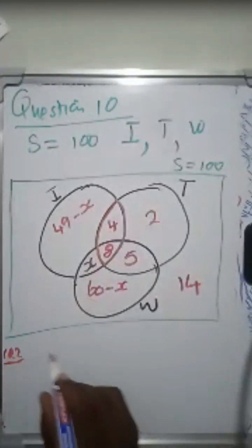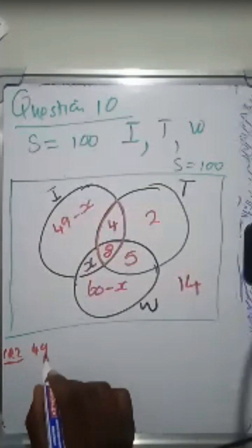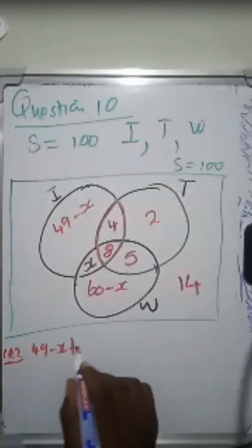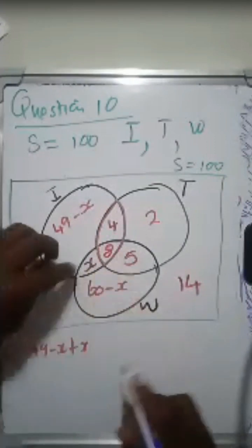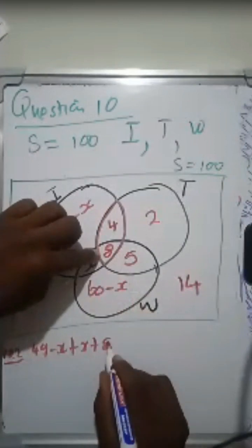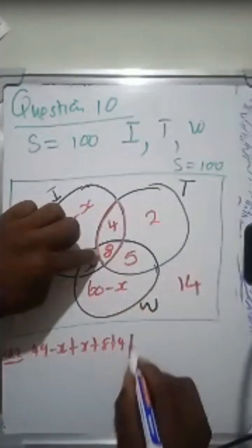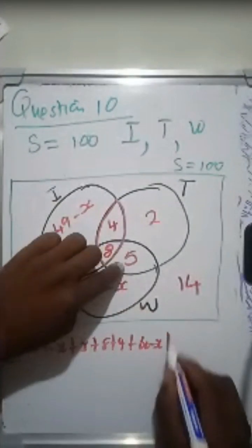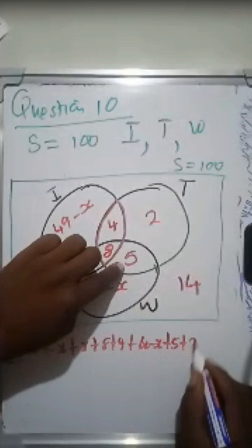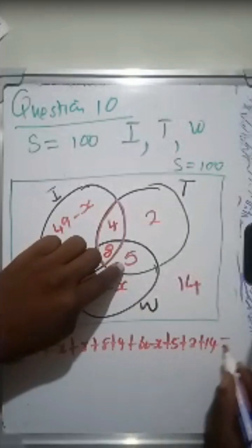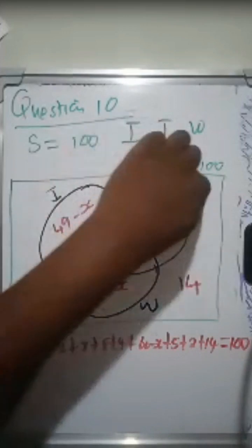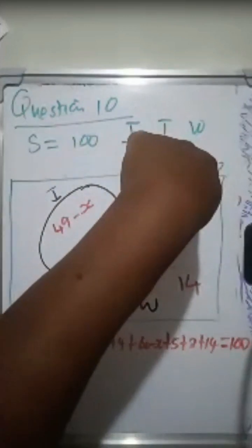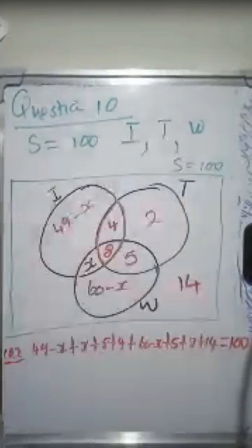That is going to be 49 minus x plus x plus 8 plus 4 plus 60 minus x plus 5 plus 2 plus 14 should give us what? The sample space, which is 100. They should give us 100 learners.